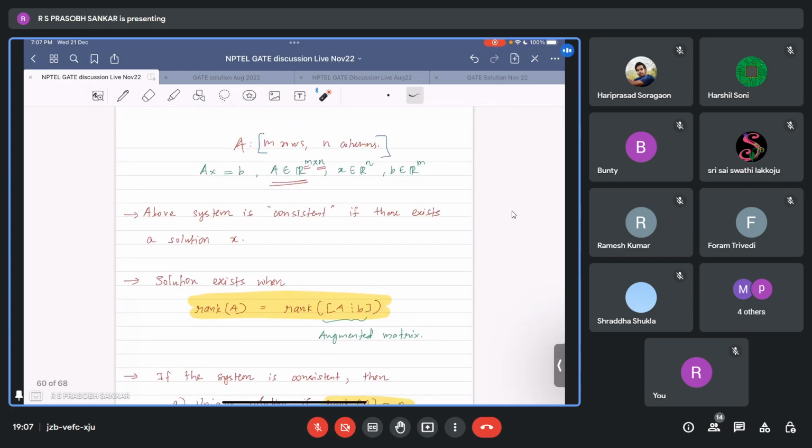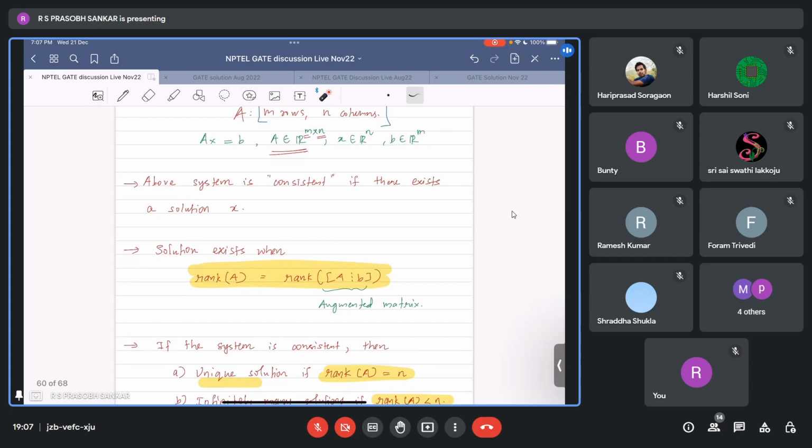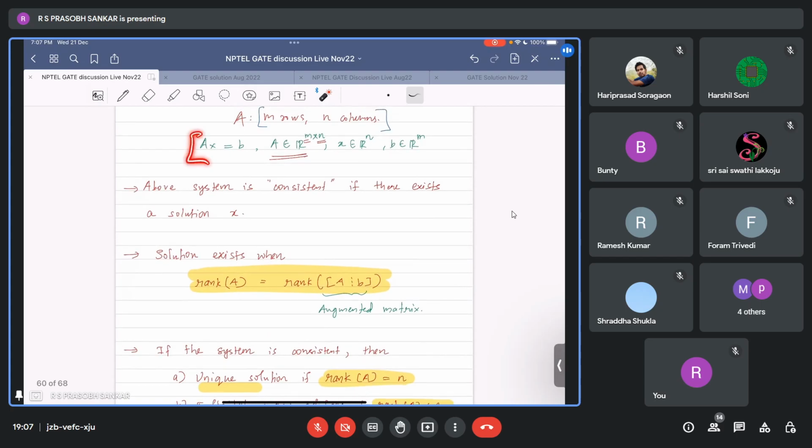So now we have this A matrix, having m rows and n columns, and these are the different natures of solutions that we can have. This system Ax equal to b is said to be consistent if there exists at least one solution x. When I say solution, it means that it is possible to find a set of values of x so that Ax equal to b.